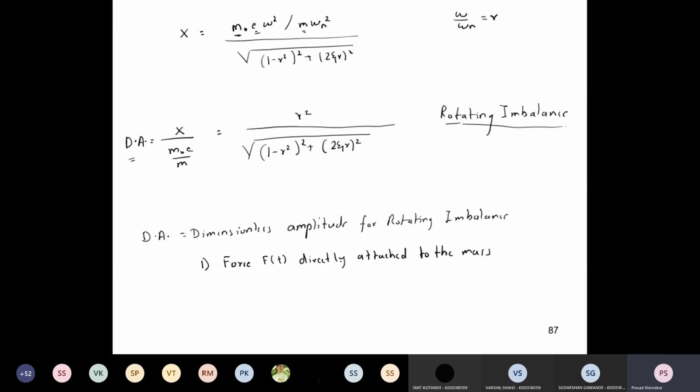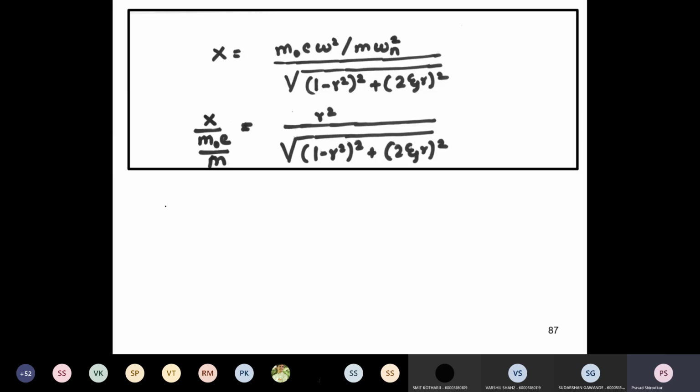And the second case we saw was this rotating imbalance case. And we got this expression for this dimensionless amplitude.